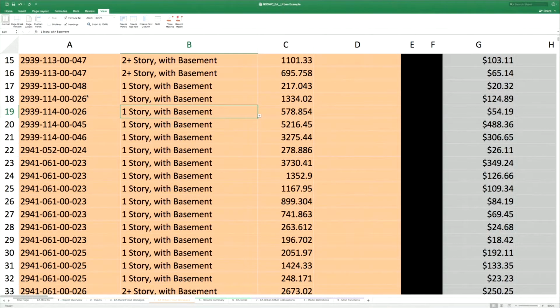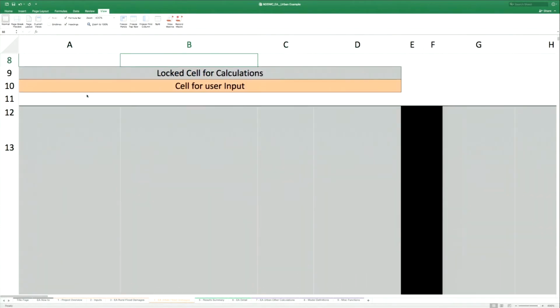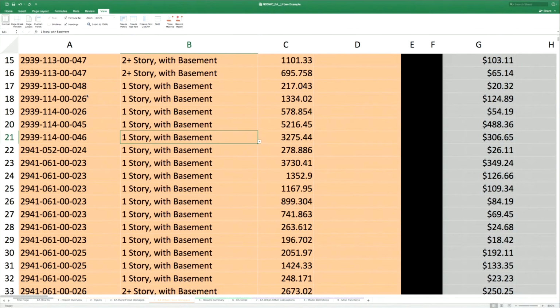So what you need to do is enter information about each structure, select the structure type. If it's residential, if you provide the square footage, we've plugged in a standard value for replacement value of that structure, and it will calculate the value of the structure, okay?